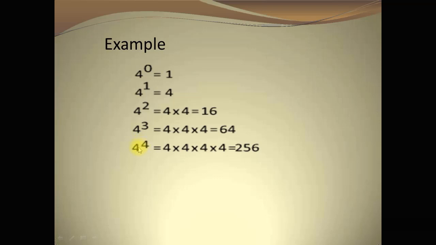Another exponential form 4 power 4. 4 power 4 means 4 multiplied 4 multiplied 4 multiplied 4 which is equal to 256. So 256 is the value of this exponential form, and in this exponential form this 4 represents base and this 4 represents the power or exponent or index.